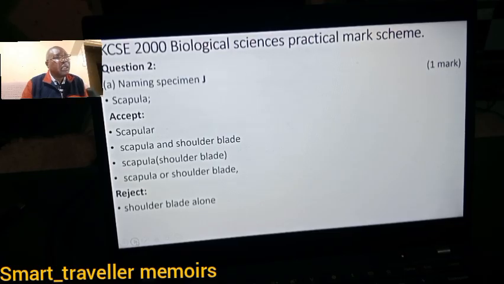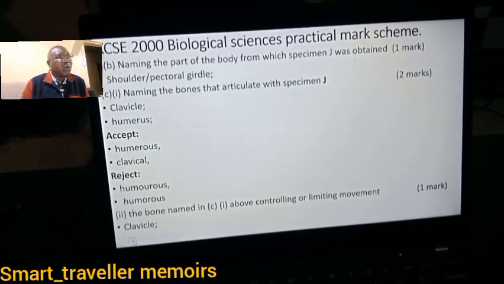C Roman 1. Name the bones that articulate with specimen J. Answers: clavicle and humerus. Accept humerus if the person has put an O between R and U. And you accept clavicle if somebody has replaced CLE with CAL.